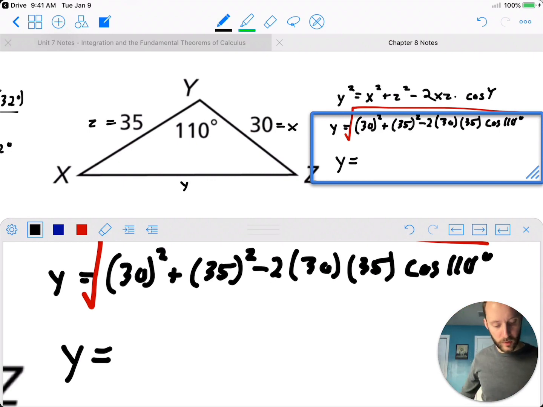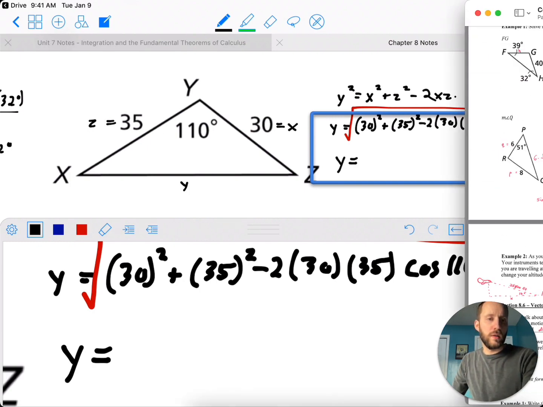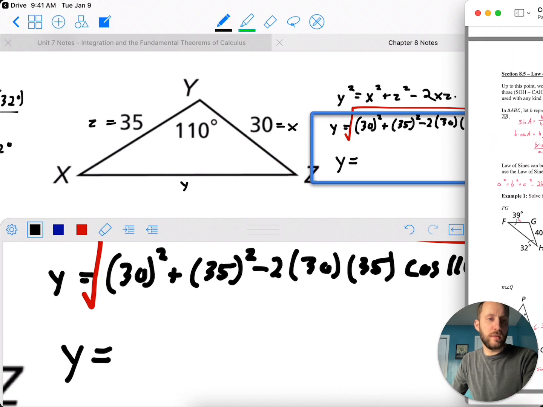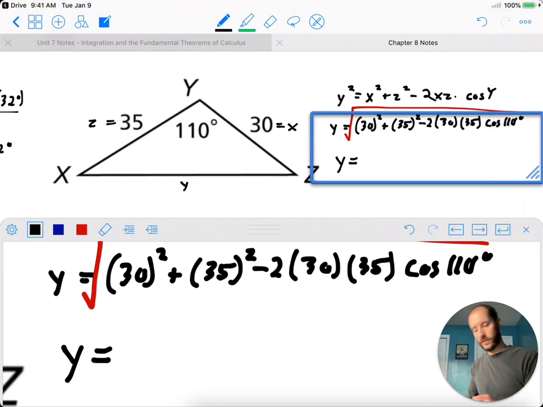So square root of 30 squared plus 35 squared minus 2 times 30 times 35 times the cosine of 110. And we get 53.322. Is that what I have in my notes? Good deal. 53.322. Alright, just making sure there.